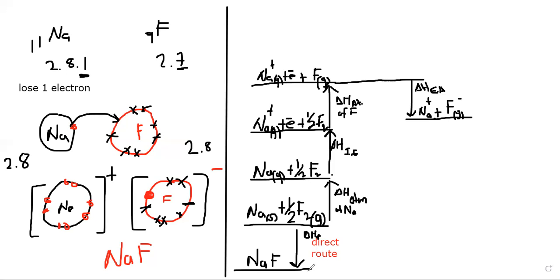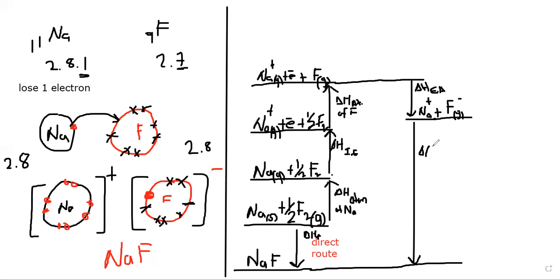So what you're going to do now is draw this line going out, and draw a line from the sodium ion plus fluoride ion come straight down. And this is called the lattice enthalpy. As you know, ionic compounds are lattice, right? Crystals are, you can say, lattice. So it's the formation of sodium fluoride.